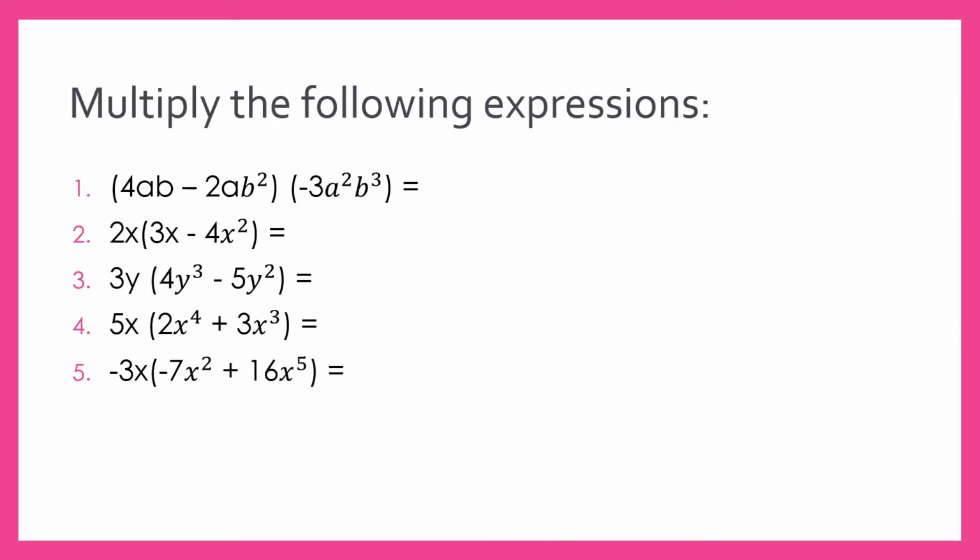Okay, so let's multiply the following expressions. We have 4 times negative 3 is negative 12. Then 1 plus 2 is 3, a cubed. Then 1 plus 3, another b raised to 4.